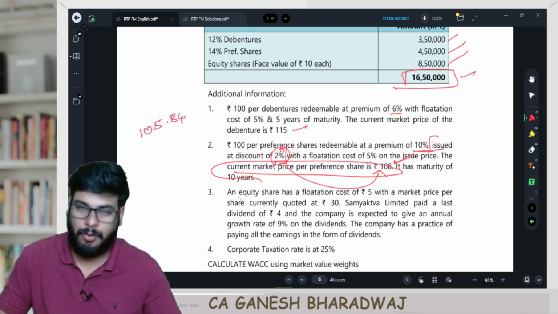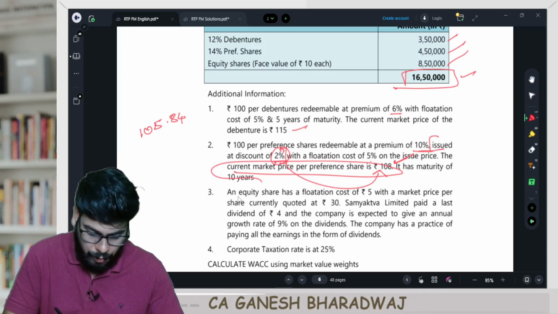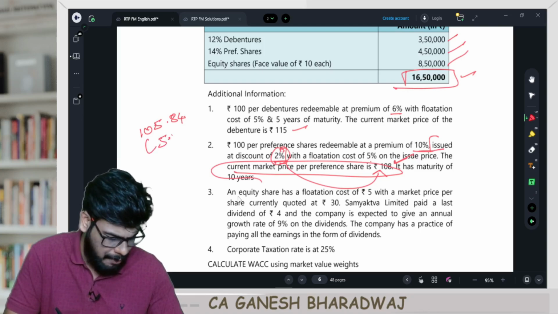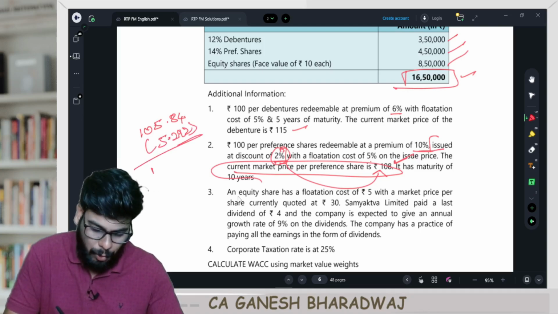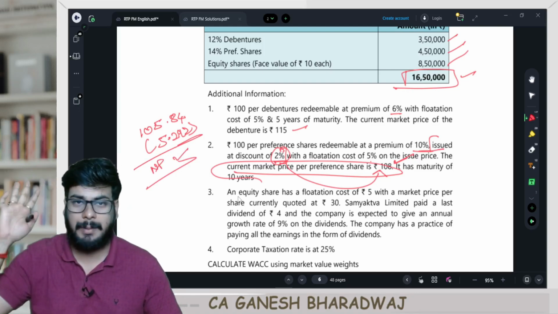From that, you reduce the flotation cost of 5%, that is 5.292 rupees. The net amount is your net proceeds that you consider for calculating KP. Are you clear with this?